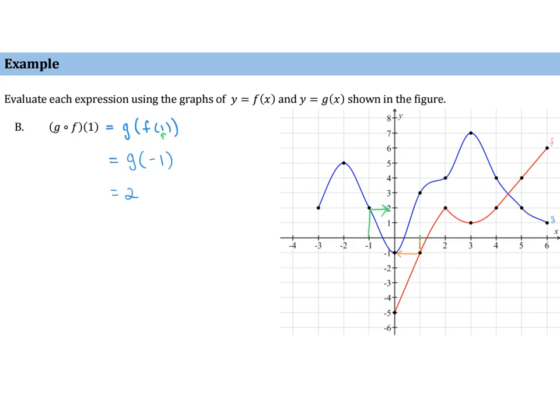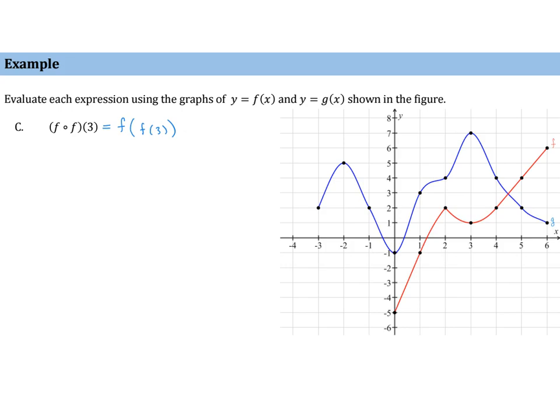So now let's look at part C. We're going to find f composed with f of 3. That will be f of f of 3. So we focus on the inner, so we look at f applied to 3.